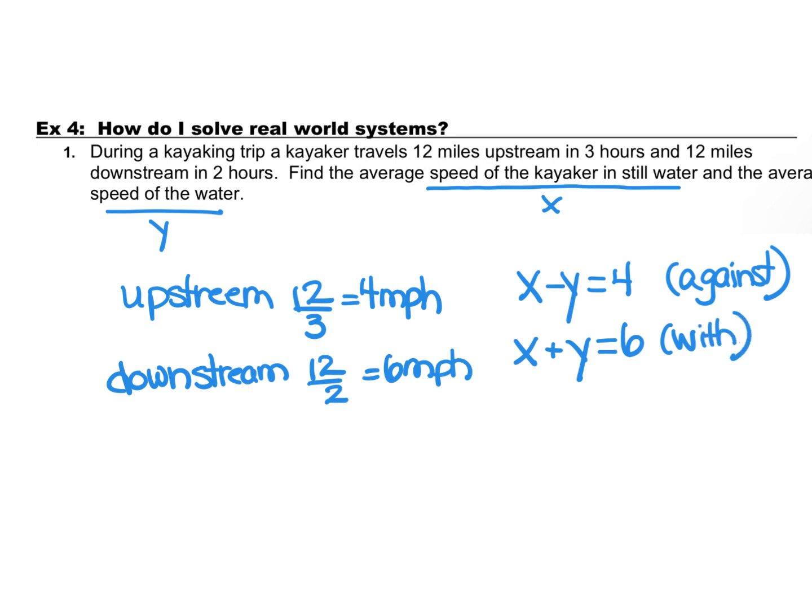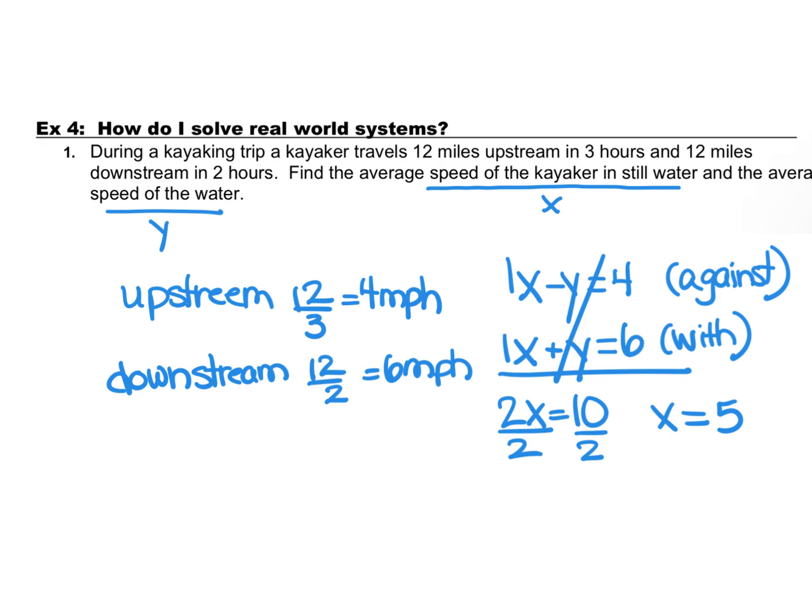So when we go to solve this, notice our y's are going to cancel out. And then I'll have 2x is equal to 10. And so x is going to be equal to 5. So if x is equal to 5, remember x was our kayaker. So the kayaker went 5 miles per hour.